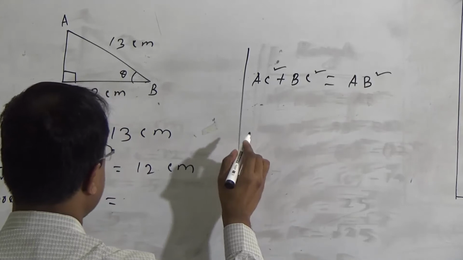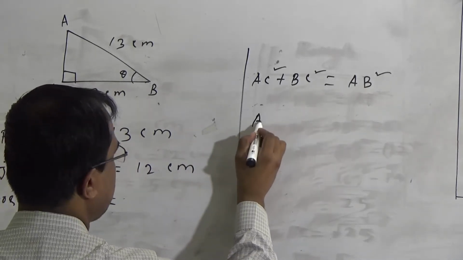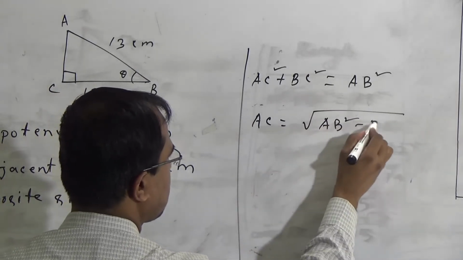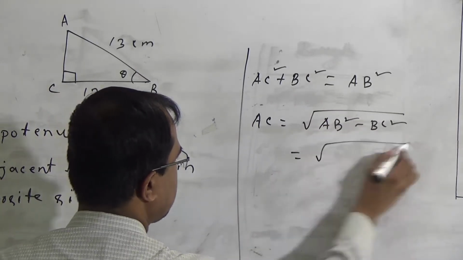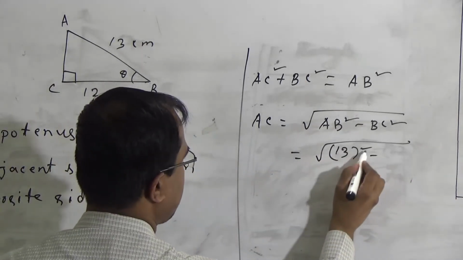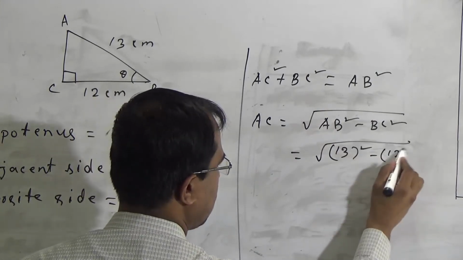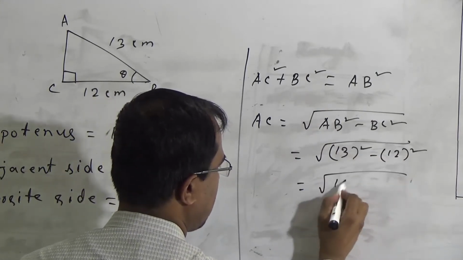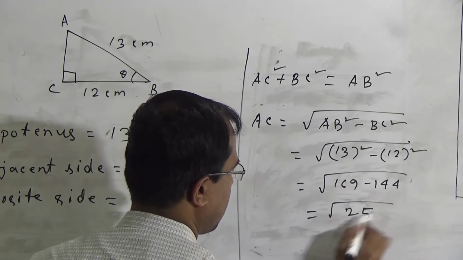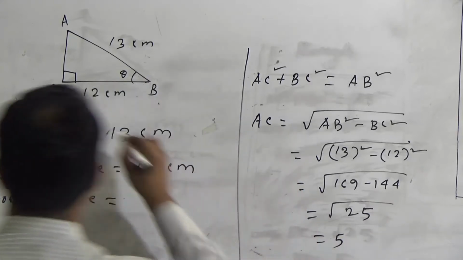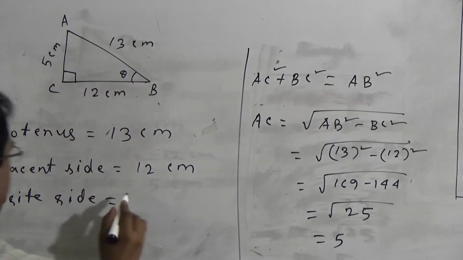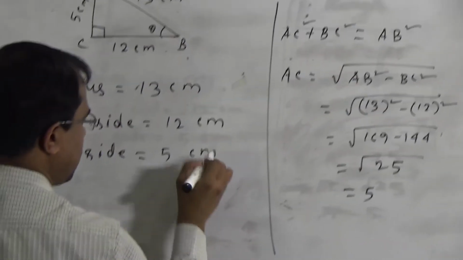That means AC equal to root over AB square minus BC square. AB means 13 square minus BC means 12 square. This is equal to 169 minus 144. This is equal to 25 and it is equal to 5. That means AC equal to opposite side equal to 5 centimeter.